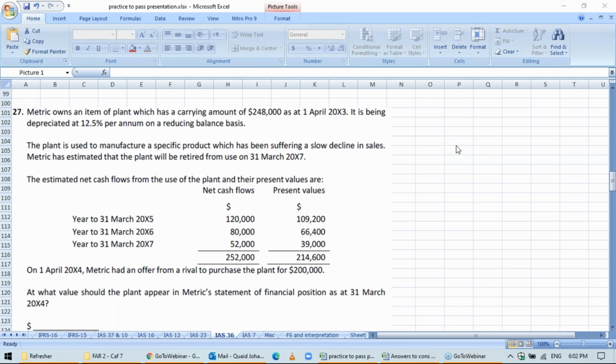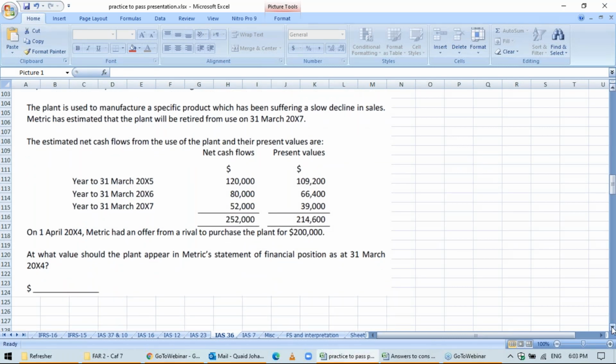Okay, students, let's start with the first question. Question number 27. What does it ask?